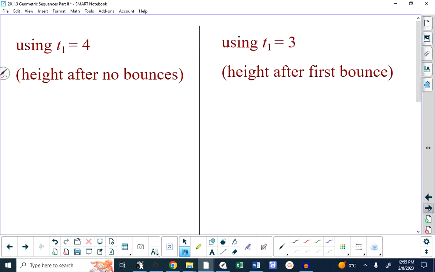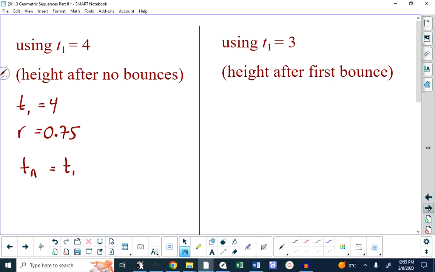There are 2 ways we can do this. One of the ways is to say T1 is 4, r is 0.75, and by the way, with a word problem, decimals are always okay. It's okay to get an answer in decimals. You don't want to say the height of the ball is some fraction of meters.